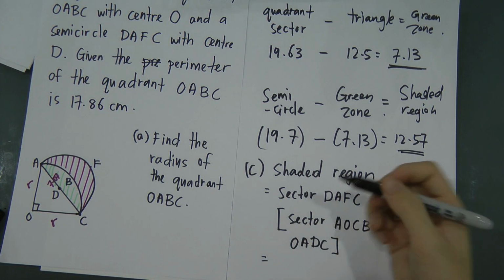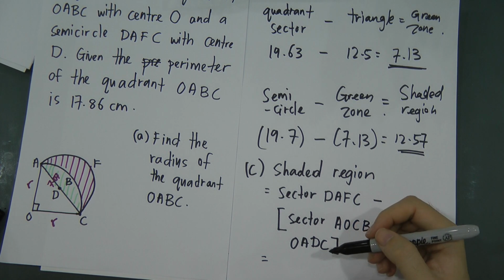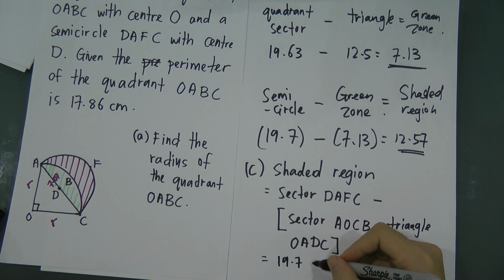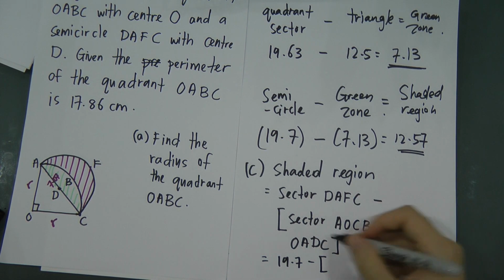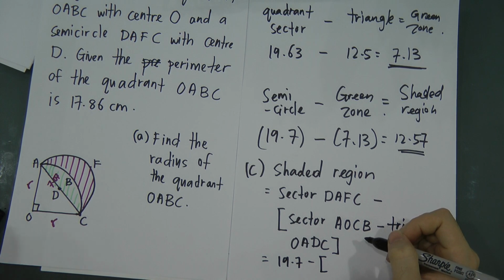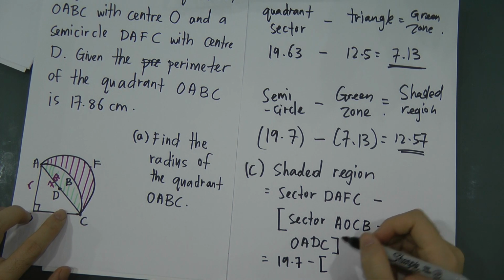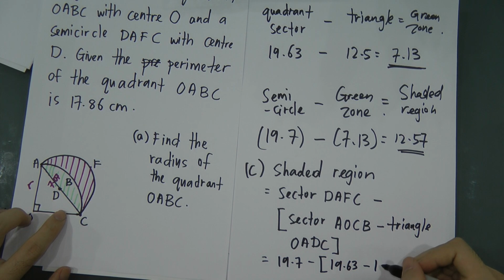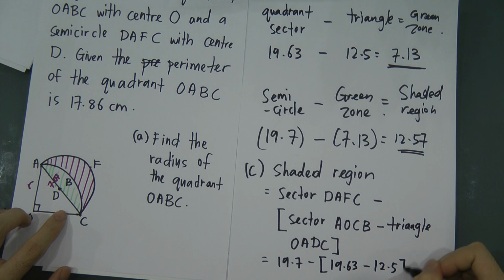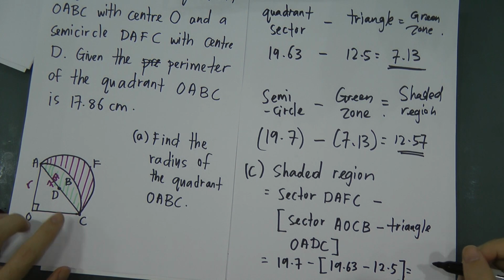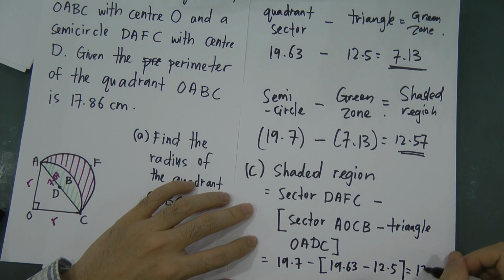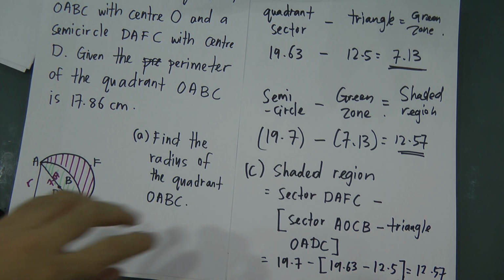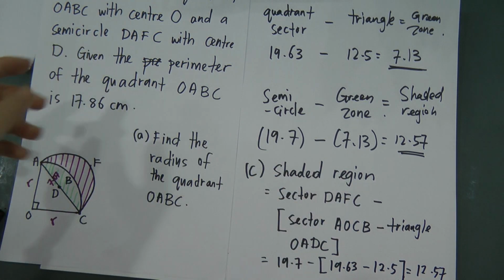Then only you put the values in. It is 19.7 minus the sector, the whole quadrant sector 19.63 minus the triangle 12.5. Then you press it, and at the end you will get the answer 12.57. Yes, this is the proper way you should write in your exam.